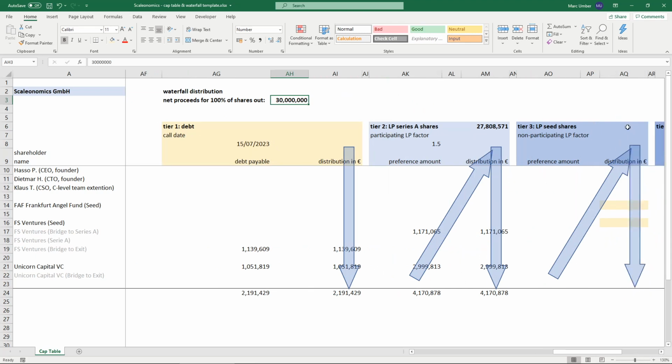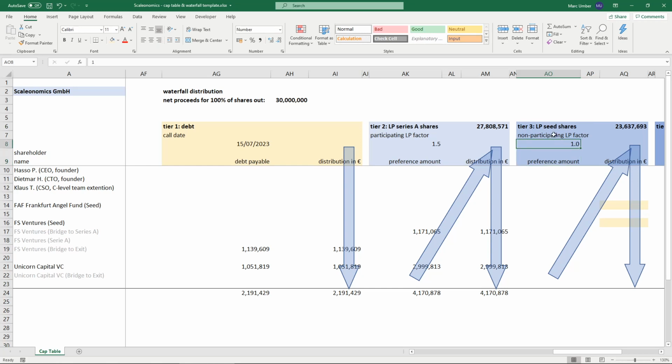Very good. Now let's move over to the tier 3. The first question is how much money is left on the table. And the tier 3 is the preferred shares of seed investors. And the preference shares of the seed investors came with a non-participating liquidation preference with a factor of 1.0.